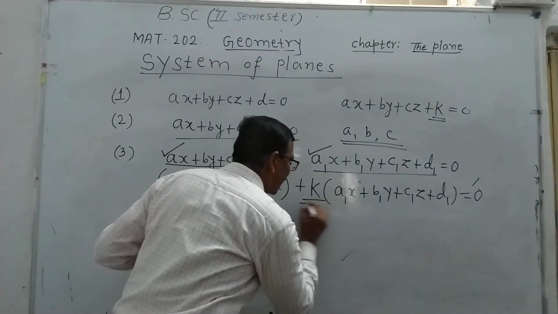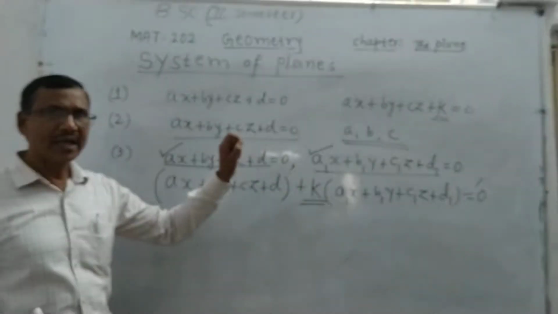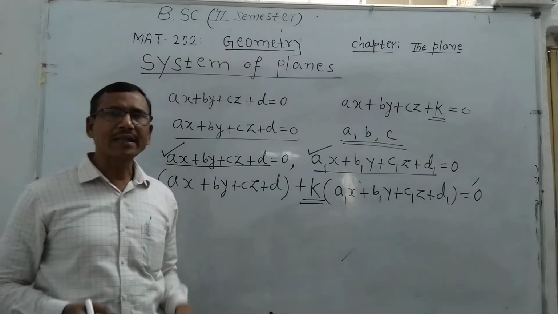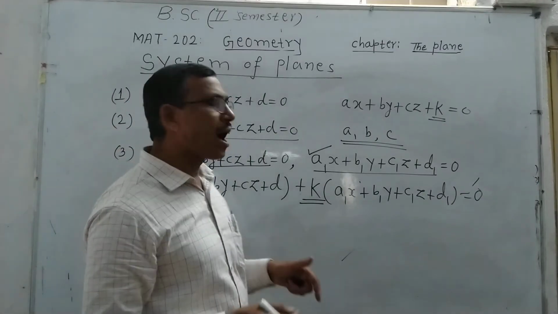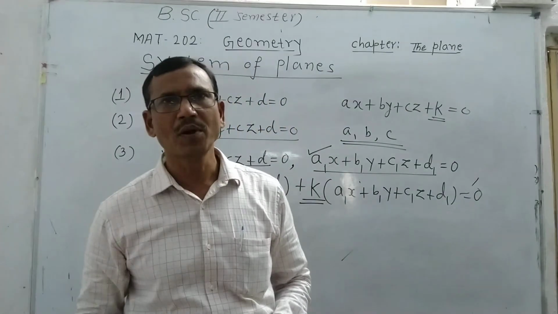Now here k is a parameter. We can choose infinite values, and therefore there are infinite planes passing through the intersection of two planes.